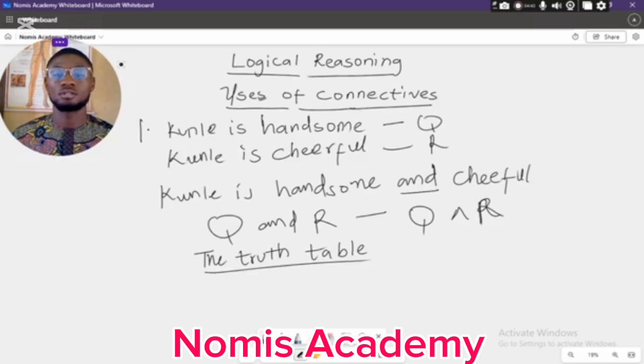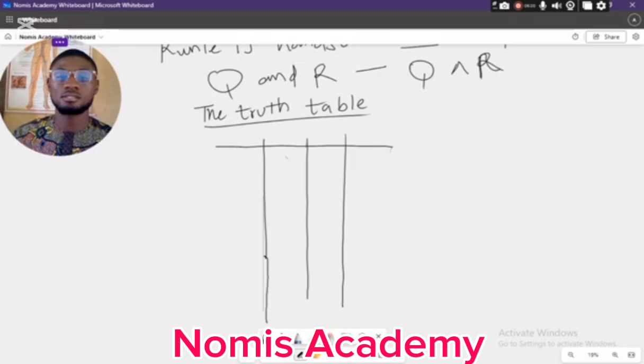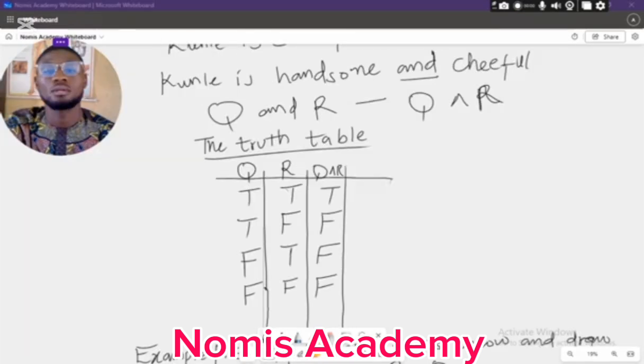The statement Q and the statement R. Looking at the truth table, Q is statement number 1, R the second statement, and on the third column of the table we have Q and R.